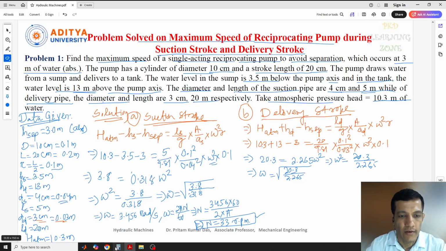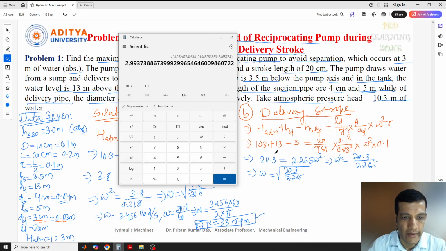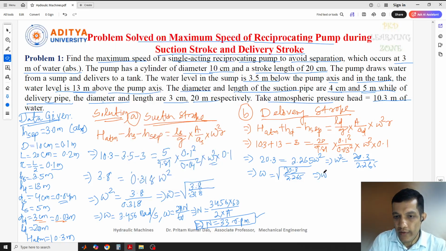So again we need to take this help: 20.3 divided by 2.265, and root over of this is 2.9937. So you can write 2.994. So now we got the value omega equal to 2.994.